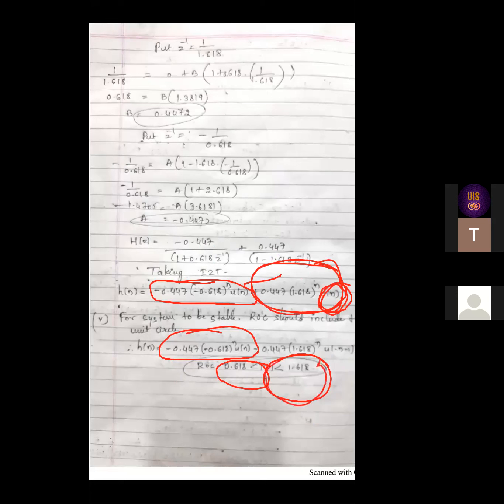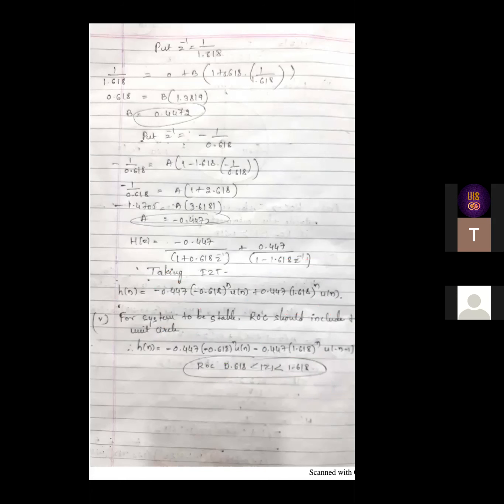Remember, this is lesser. For the greater part, I have written it as it is. Both h of n's, this part is the same because it is the greater part. But for the lesser part, the second half should be changed, because the second half has u of n. It should be changed to minus u of minus n minus 1.